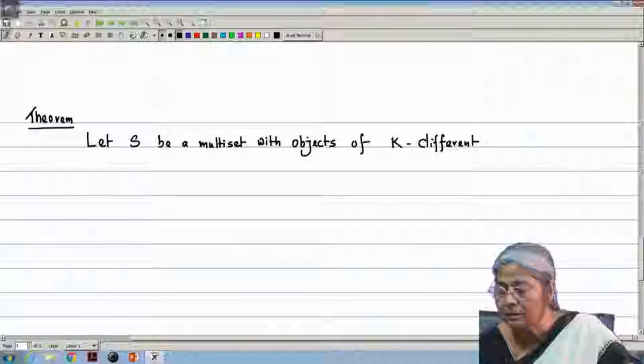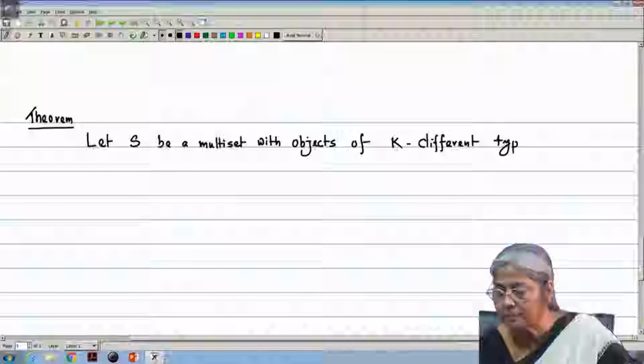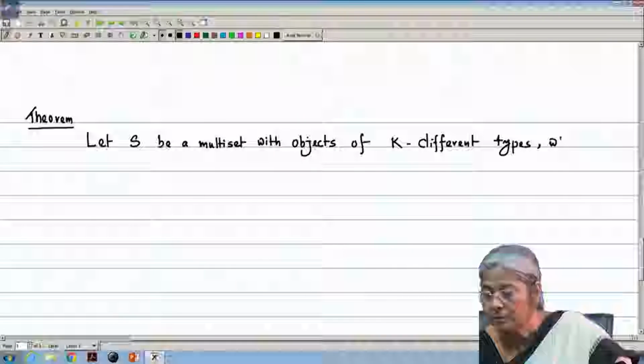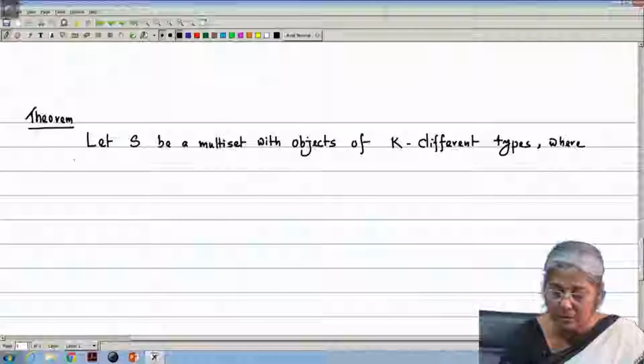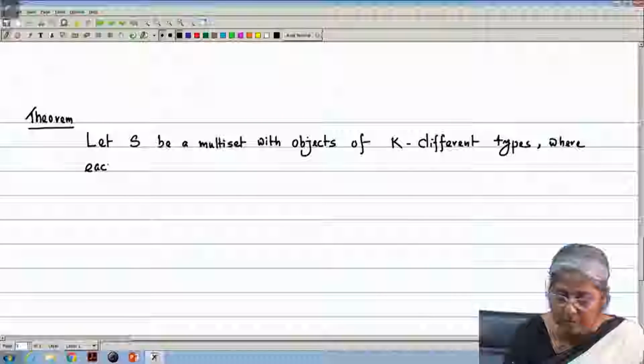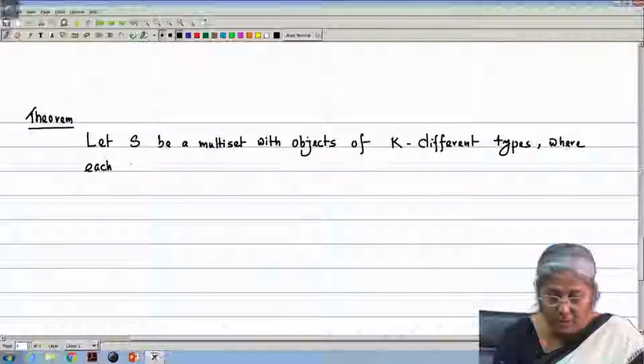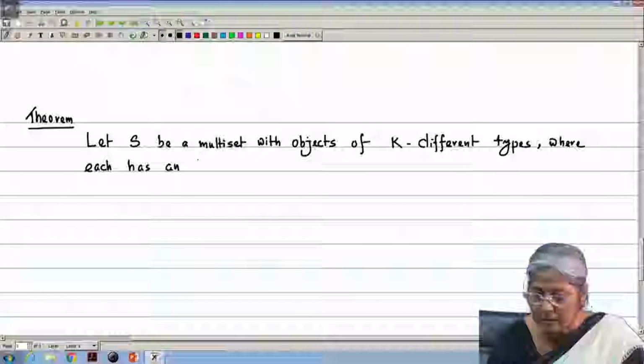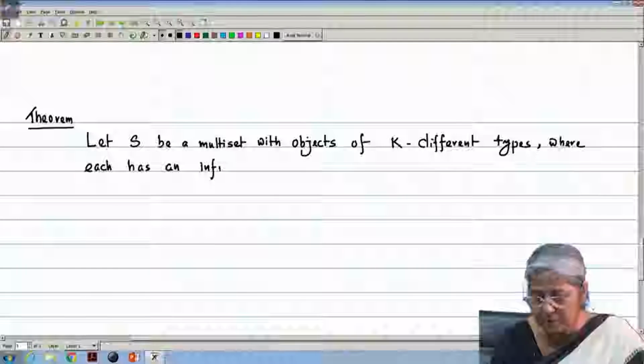So, here k different types, where each type has an infinite repetition.